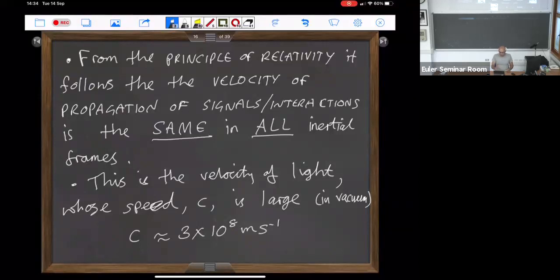But there are many reasons why relativity is important. One of them is that we want to understand the structure of matter at very small scales, and the only way to probe very, very small scales directly is through extremely high energy experiments, such as those going on at the Large Hadron Collider.